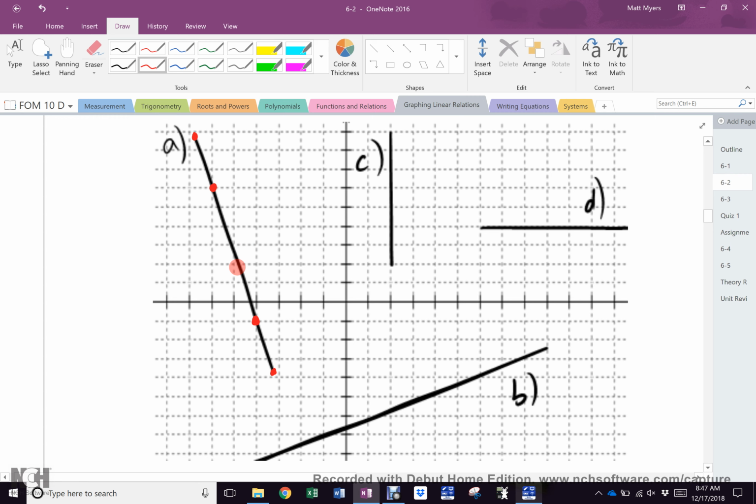So can I just count? Okay, if I start here, what's my rise? Positive or negative? Positive. How far? 1, 2, 3, 4, 5, 6, 7. Then how do I do my run? Left, -2.